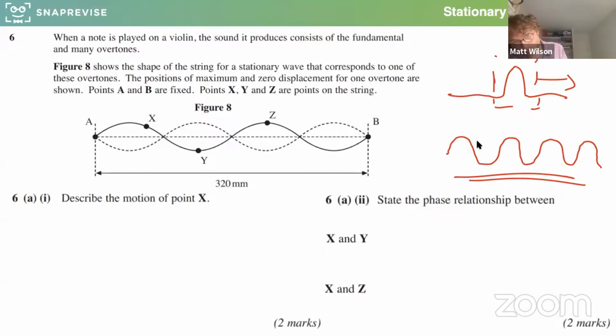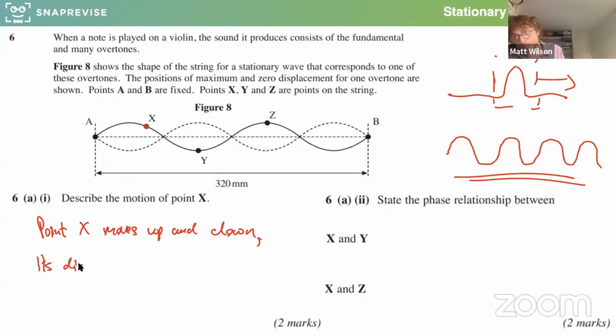Okay. So let's zone in on point X. The key thing to understand here is that point X is just moving up and down. Point X moves up and down. And let's say a bit more because there's 2 marks.